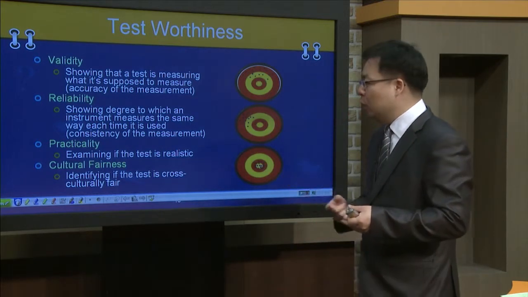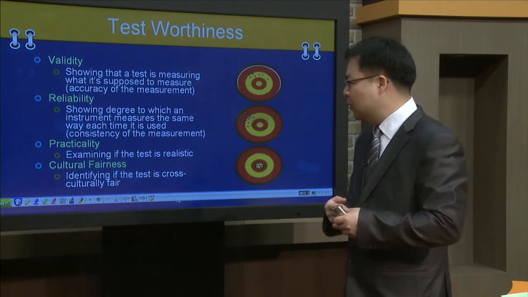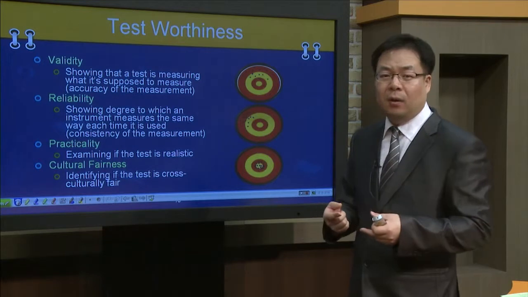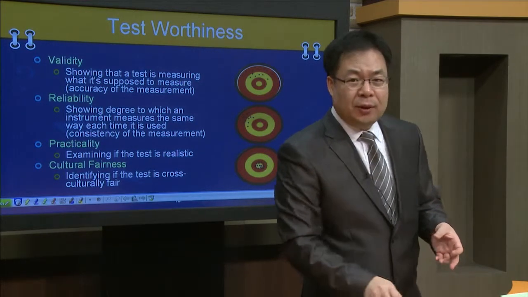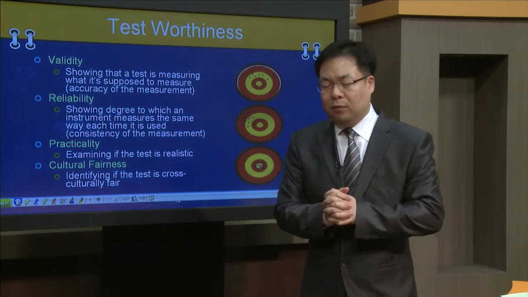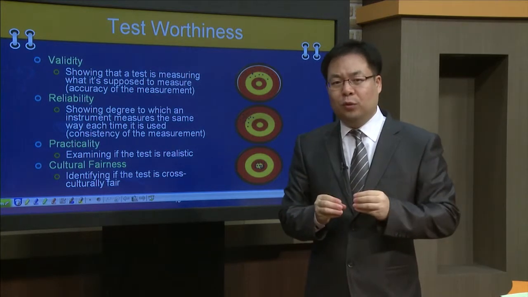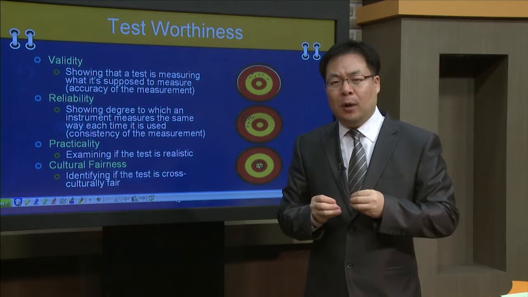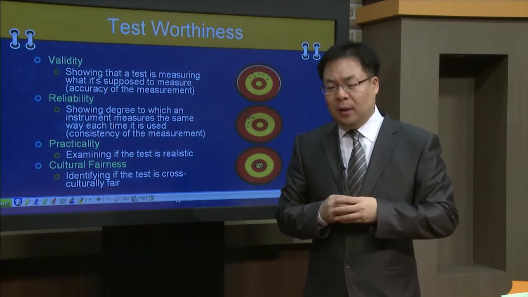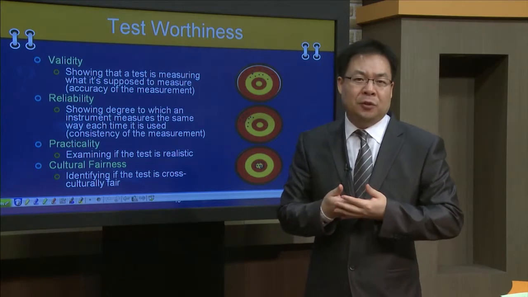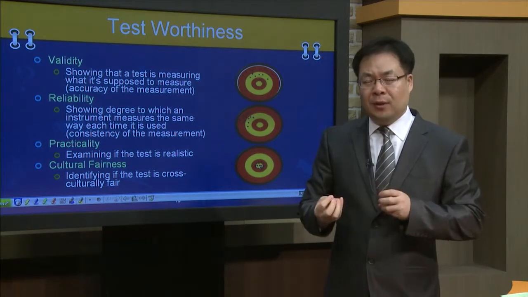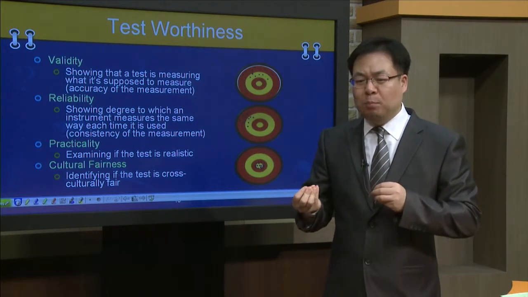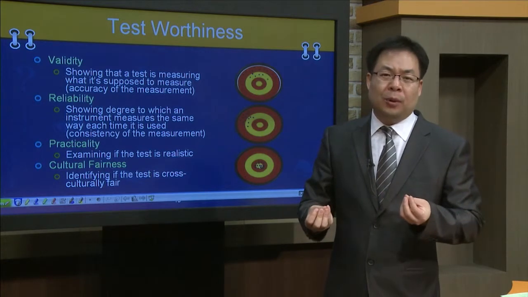How about cultural fairness, identifying if the test is cross-culturally fair? It happens a lot in the United States, in particular for students who are cultural minorities. For example, take an intelligence test. One of the questions asks for basic knowledge about history.